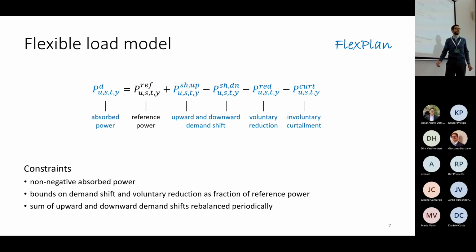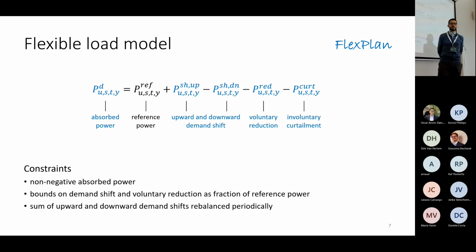has a very high cost and has been included in order to always get a feasible solution for the problem, but it's not an acceptable solution from the operation standpoint of the grid. Constraints here are that the absorbed power must not be negative.